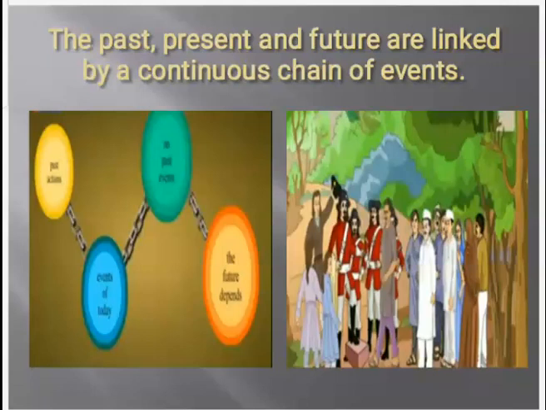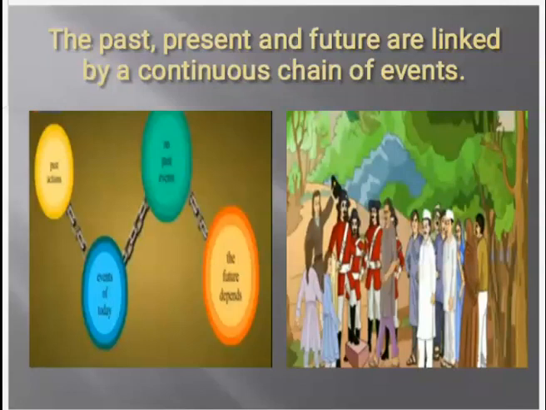The past, present and future are linked by a continuous chain of events. It means our past is related to our present and our present is related to our future. For example, the Indian people fought against the British government to get independence. This is a historical action.